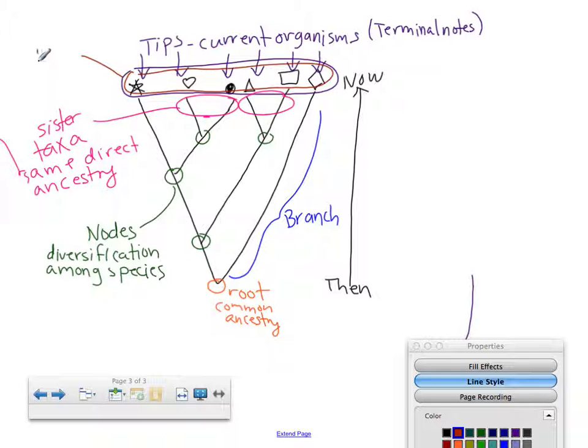So in a group, this is called an in-group. And this shows common characteristics relative to this tree.